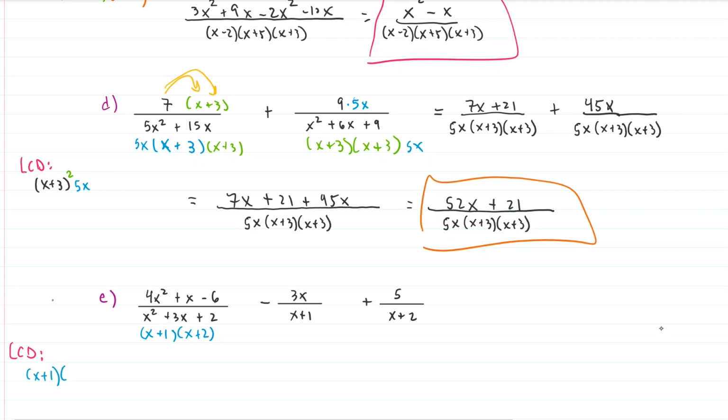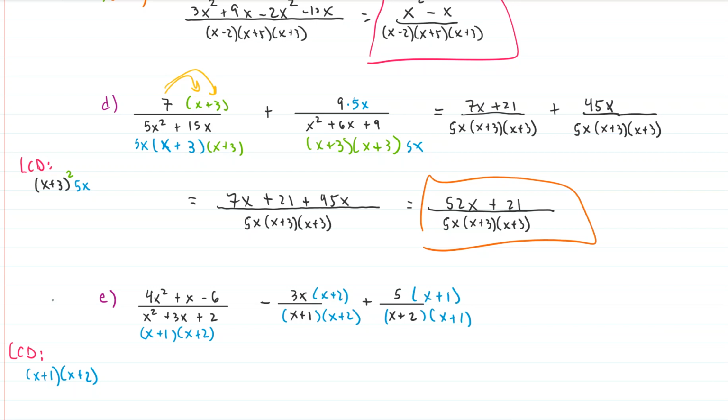x plus 1 and x plus 2. So if we look at the second term, it's missing the x plus 2. So we'll make sure we fix that. And the third term is missing the x plus 1. So we fix that as well.